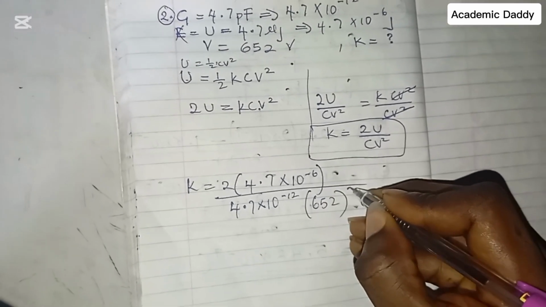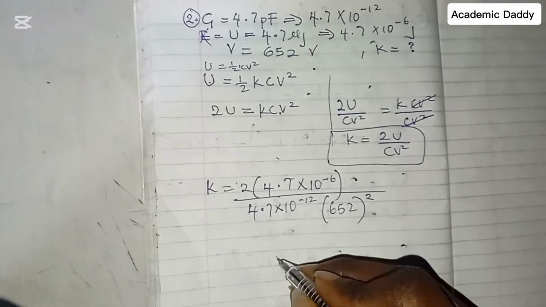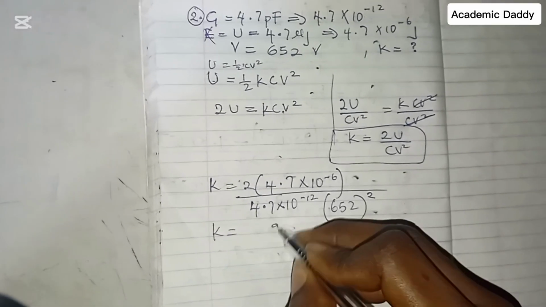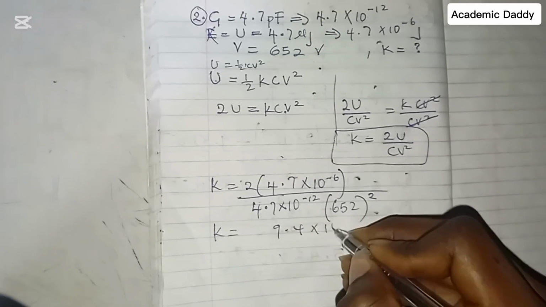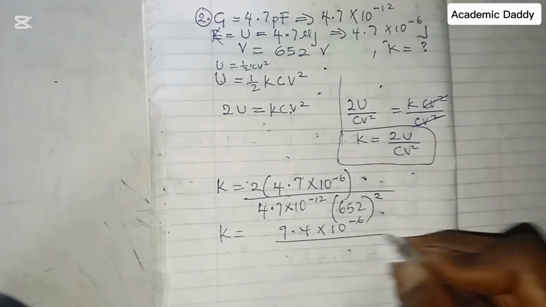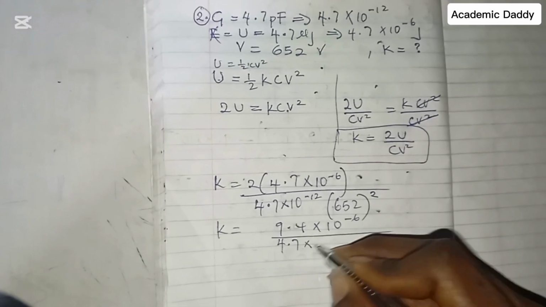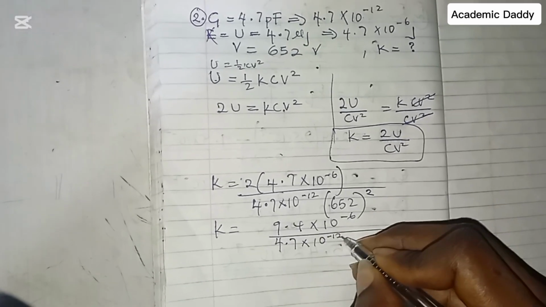Put it inside this bracket so that you remember that you have to square it. So if you do that, you now have that K is equal to 9.4 times 10 raised to the power minus 6 all over 4.7 times 10 raised to the power minus 12.